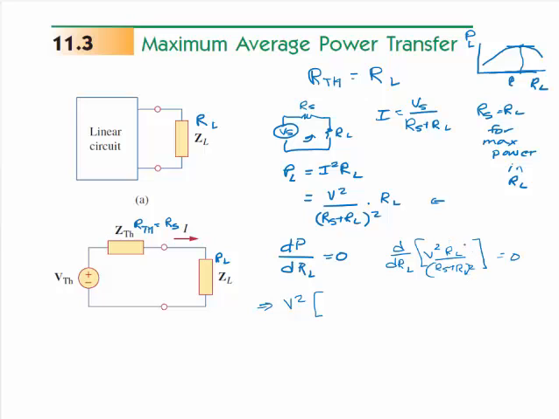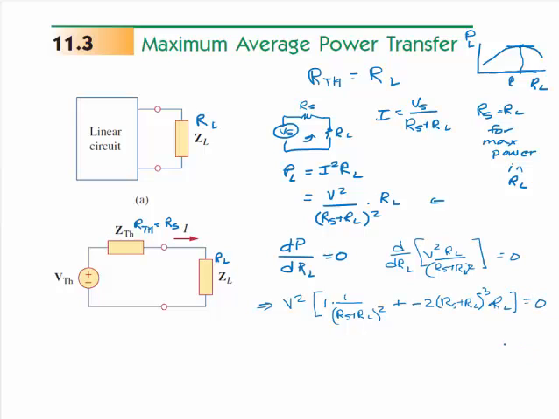My first term is RL, so the derivative of RL is 1 times the second term, which is 1 over Rs plus RL squared, plus the derivative of the second, which will be minus 2 times Rs plus RL to the minus 3 power times RL, and you set that equal to 0.